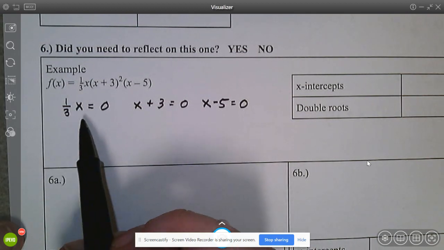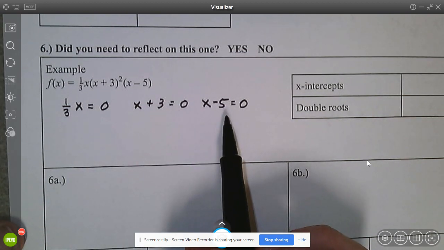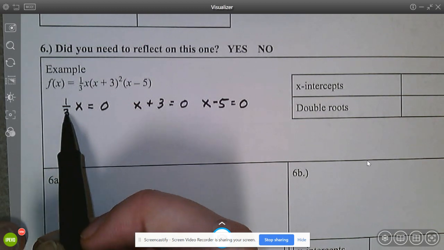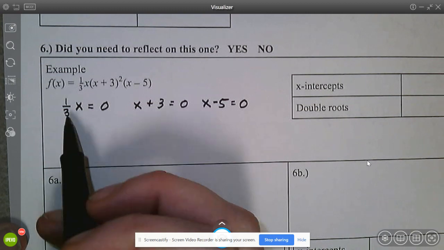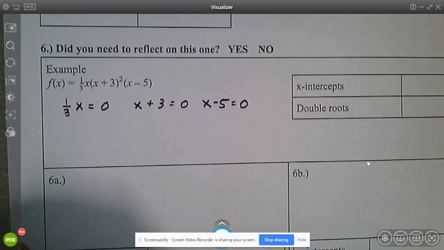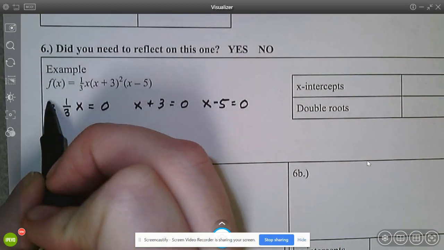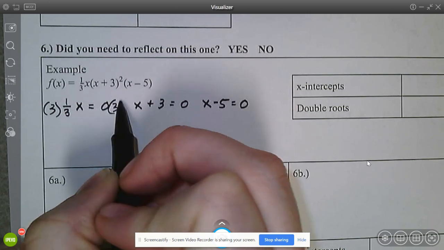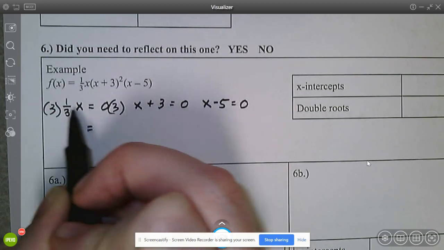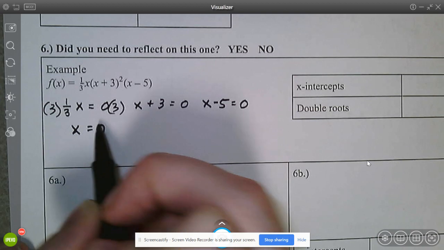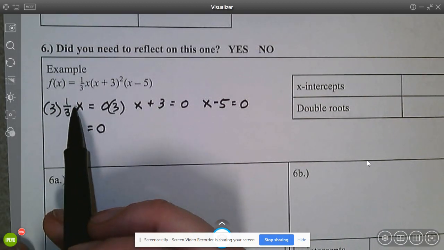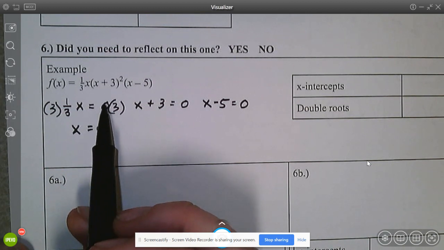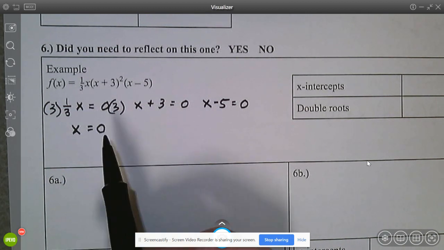So we're going to have to solve for all of these. In order to solve for x here, instead of dividing by 3 or multiplying by 1/3, we're actually going to multiply both sides by 3. And what you'll notice is that it doesn't even matter what this number was, because no matter what number is with the x, it's always going to end up either multiplying or dividing this 0, and you're going to get 0.